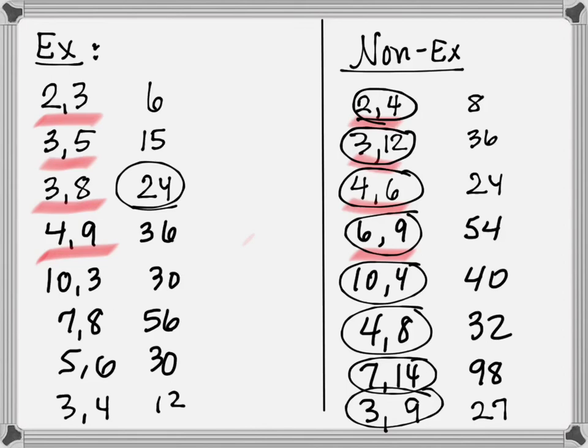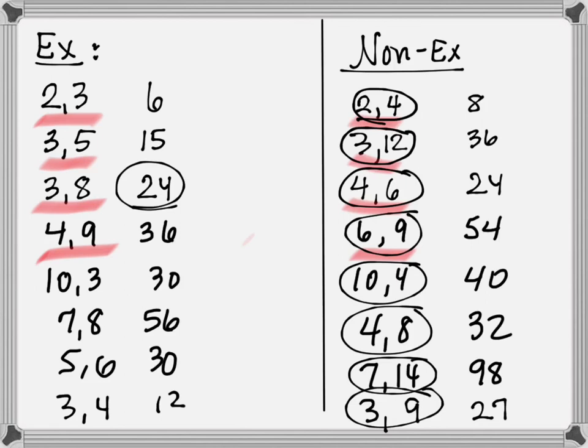You can break it down into things you can test, just like 6. 6 breaks down into 2 and 3. It's easier to test the 2 and the 3 than it is to test 6. With 24, it's easier to test 3 and 8 than it is to test 24. But you can't just break it down into willy-nilly anything. It has to be broken down into things that have no factors in common.